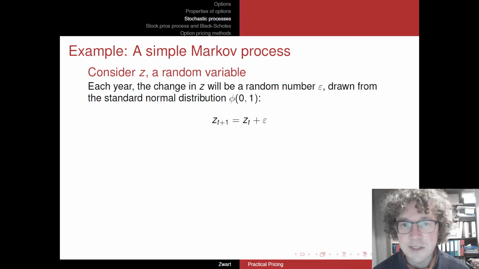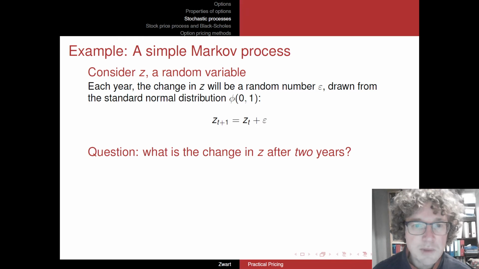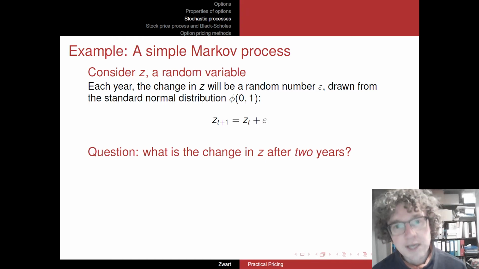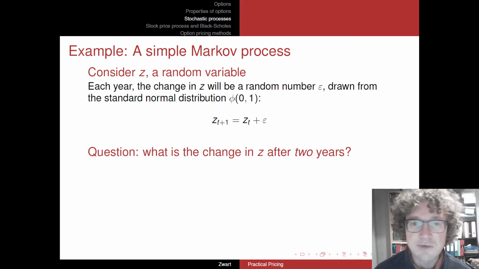So each year there's a new increment of epsilon. If this is what happens after 1 year, what would be the change in z after 2 years? If you wait 2 years, how will z be distributed? Well, it's uncertain, it's a random process, so we don't know exactly, but we know something about the distribution.